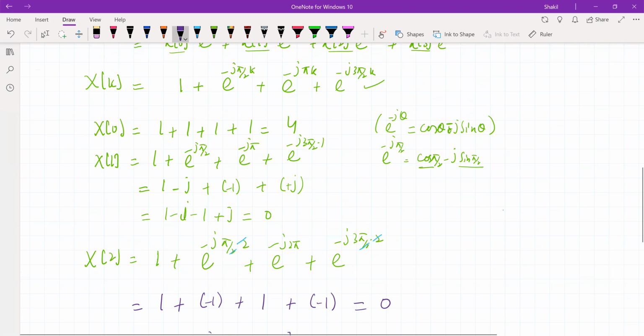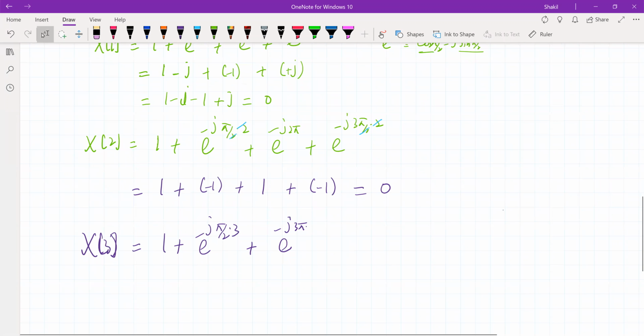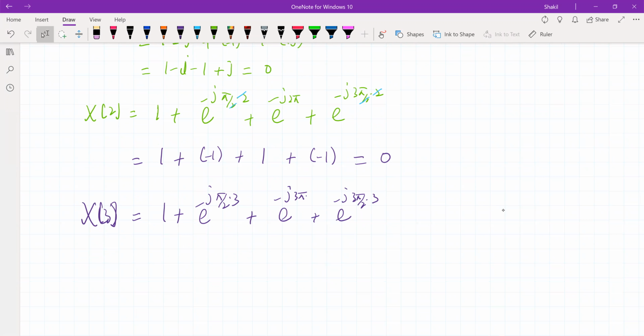I hope I'm right. So this is plus e to the power of minus j 3 pi by 2 times 3. So this will be 1 plus e to the power of minus j 3 pi, plus e to the power of minus j 9 pi by 2.